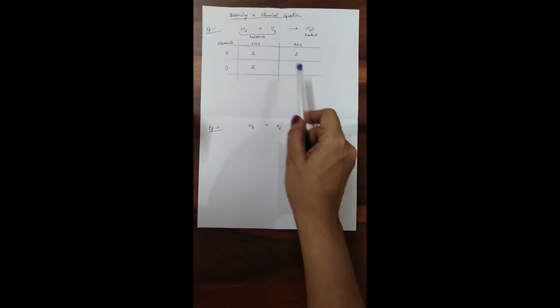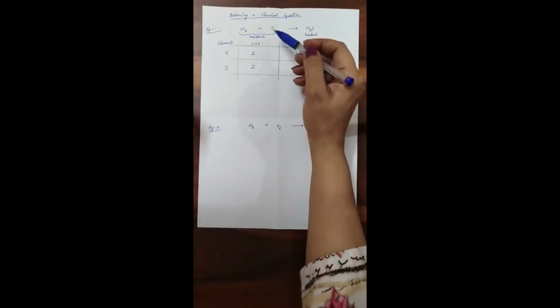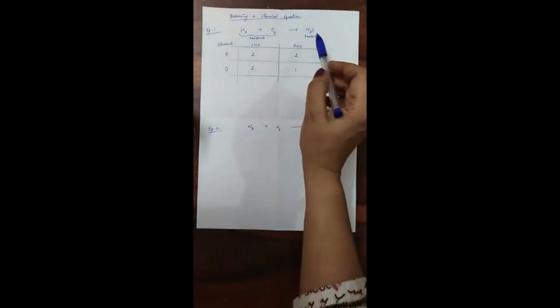Second important thing is we can always increase the number, we cannot decrease the number. That means 1 can be made 2, 2 cannot be made 1. This means that you cannot just cut out this 2 and make it 1, because the oxygen gas formula is O2, and here O is 1, we need to make it 2.